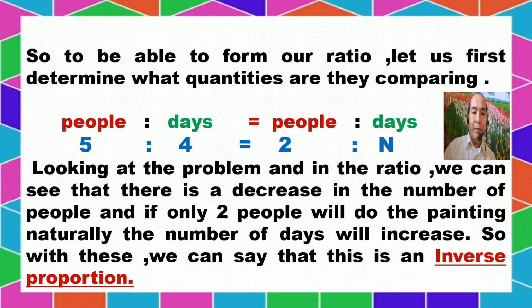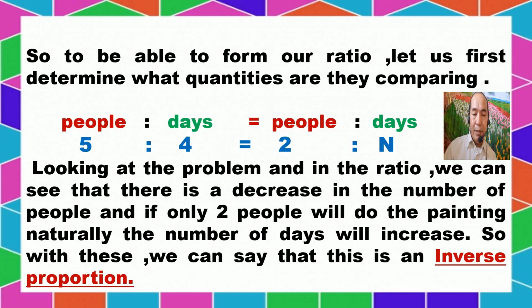So there is a corresponding decrease in one quantity and a corresponding increase in the other quantity. Therefore, it goes into the definition of an inverse proportion, where one quantity decreases and the other quantity increases, or vice versa.